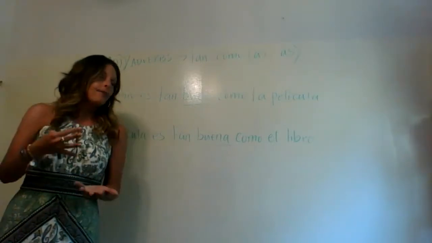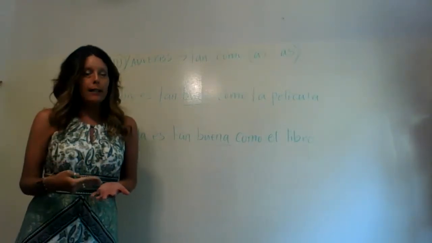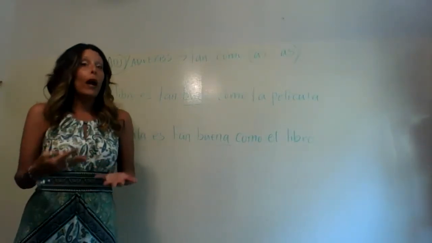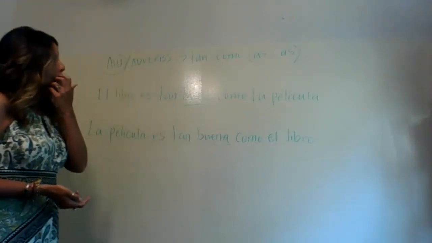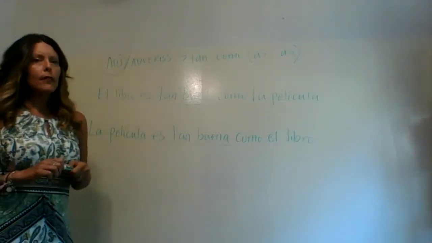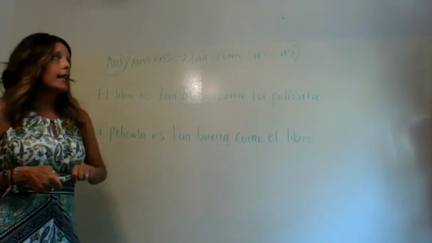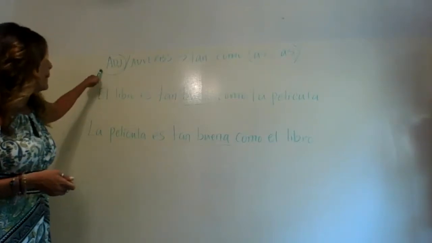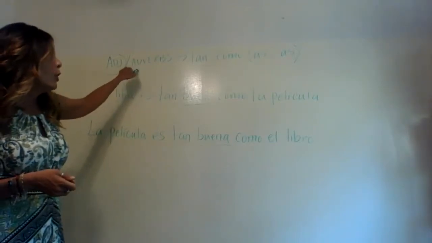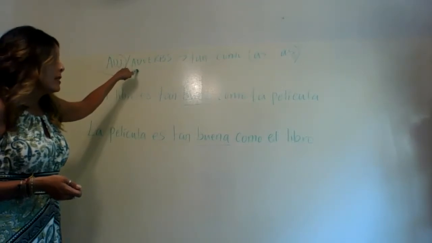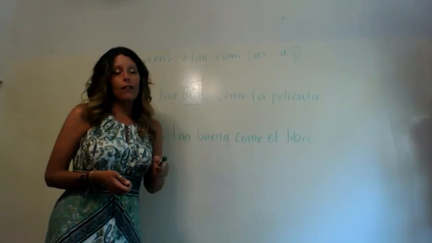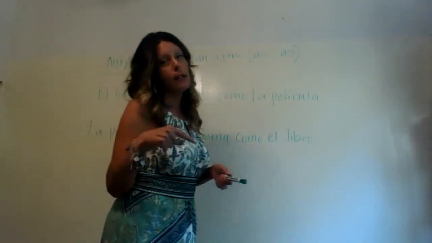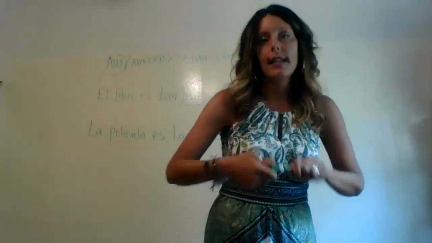And then las películas son tan buenas como los libros. So that's all you can do with comparisons of equality with adjectives. I'm going to leave this up here on the board and then just switch out some sentences for some examples with adverbs. Remember, adverbs describe how a verb is done, and we'll see that in just a second.